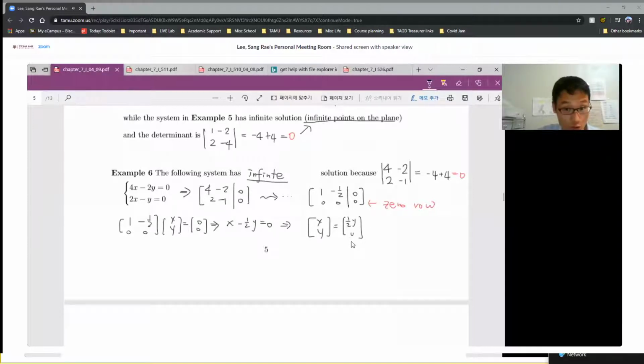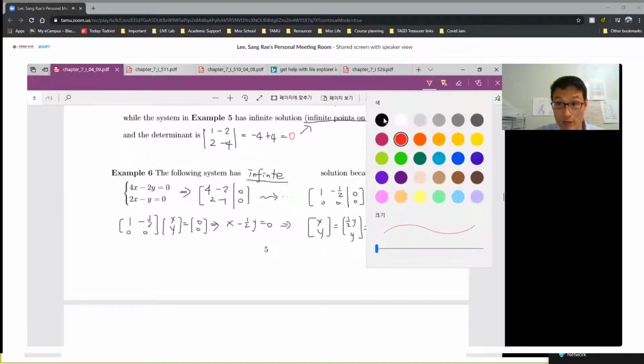Good. y is y. This is silly, but what you want to do is to have a column matrix with each entry in terms of y. Now you introduce a parameter t to replace your y. So half of t and then t. This is what we have.